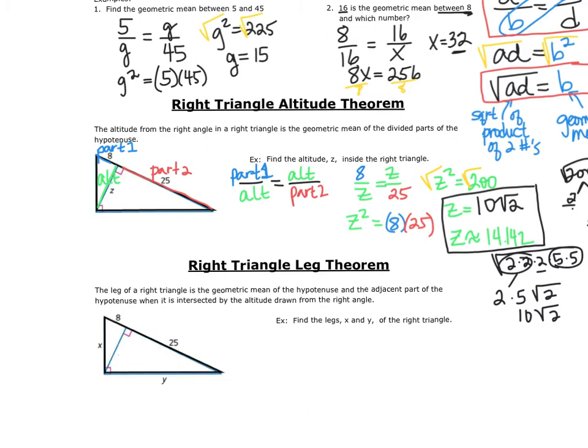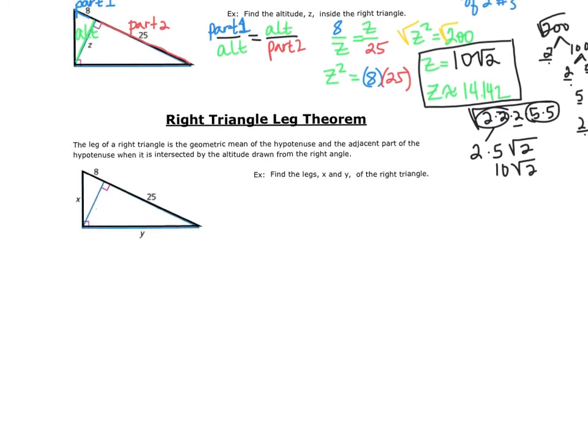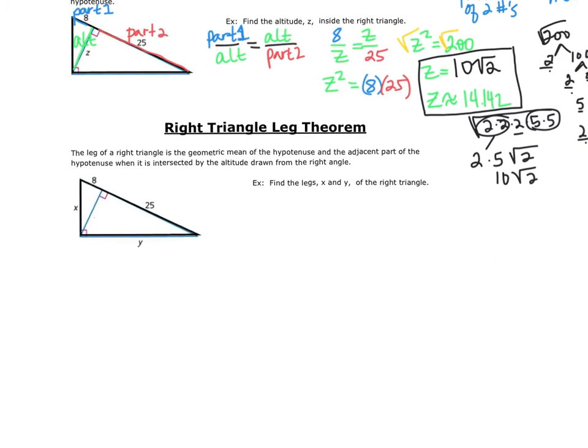All right, so the altitude is the geometric mean between the two parts of the hypotenuse. Okay, so now the next theorem is the right triangle leg theorem. So on this one, the leg of a right triangle is the geometric mean between the hypotenuse and the adjacent part of the hypotenuse when it is intersected by the altitude drawn from the right angle.